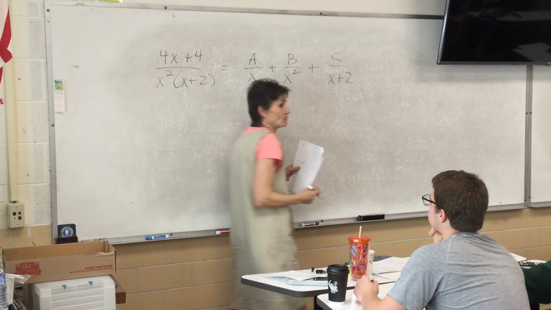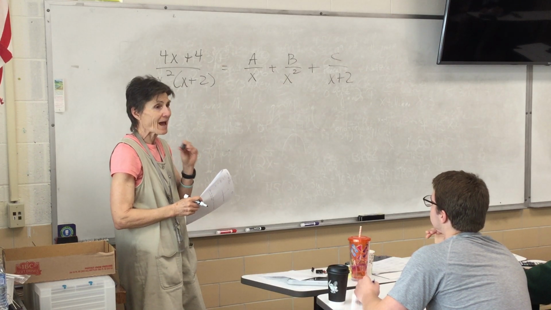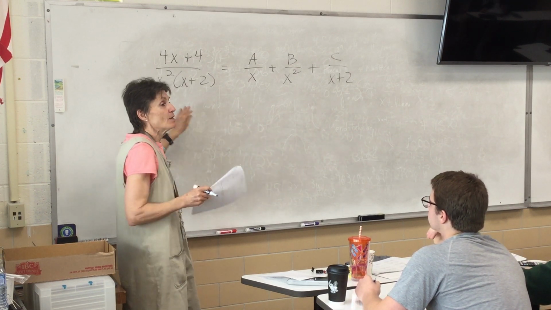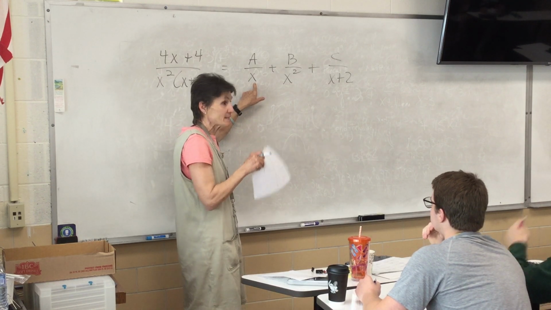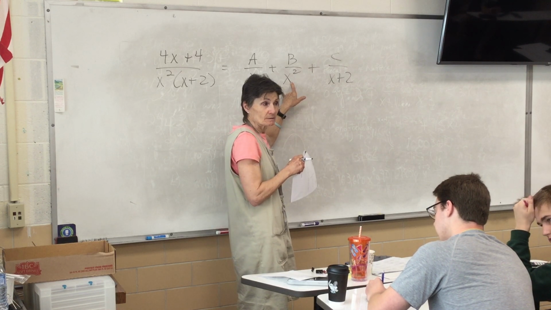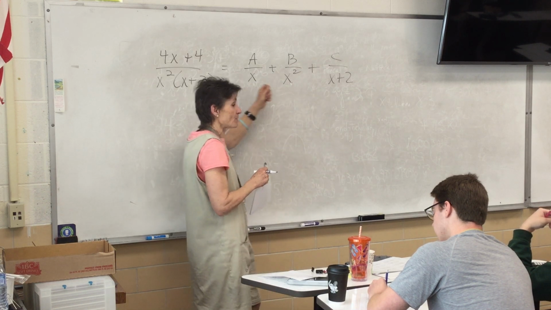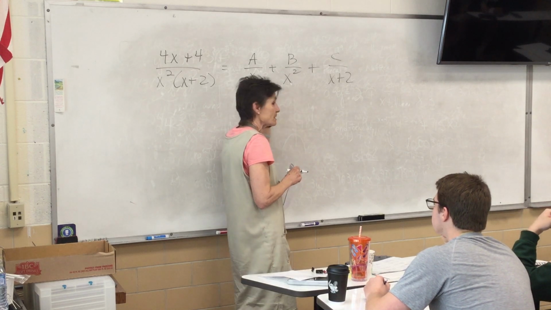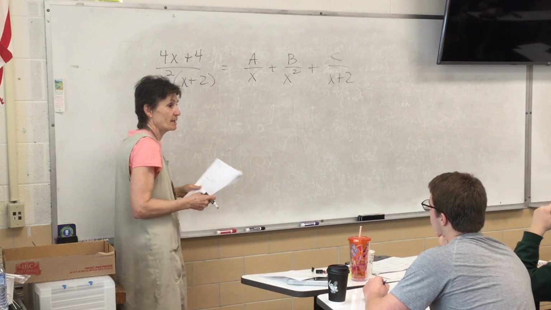So Philip remembers, and I hope you all do, that when there is a repeated factor, like x squared, something twice, we have to include a partial fraction with the factor all by itself, and then with the factor as a square. Remember that from yesterday? Now, the order that Philip wrote these is not important. You have to have 3 factors in any order you want to write them, and those have to be the denominators.